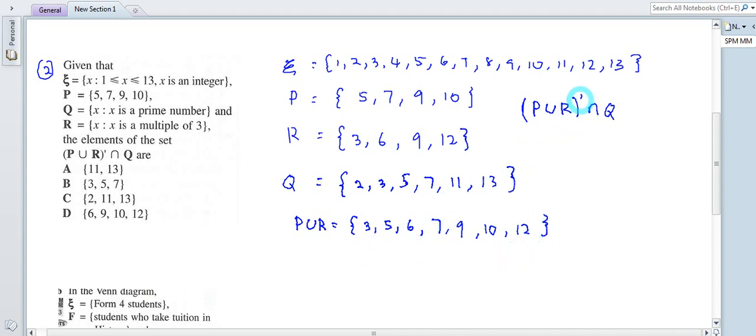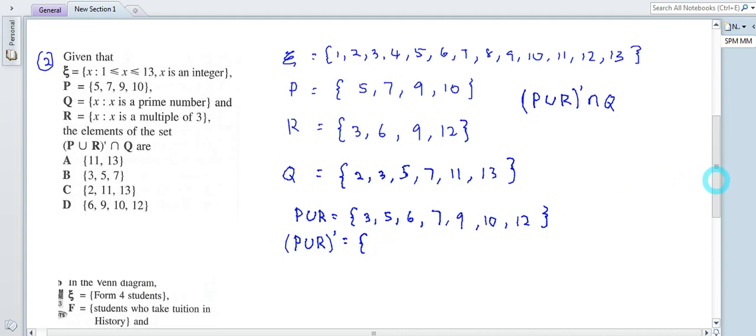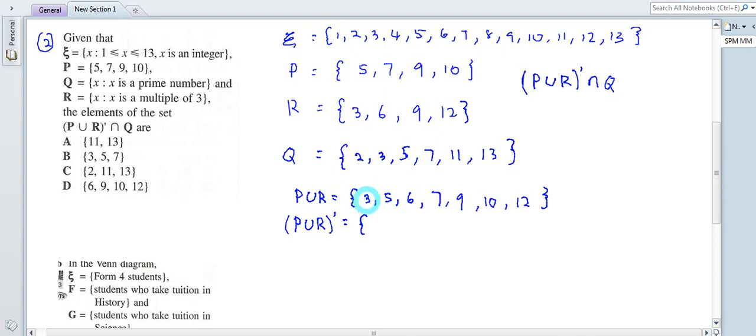Since we want P union R complement, we want what is outside of this. Then we try to check which element is outside of this.